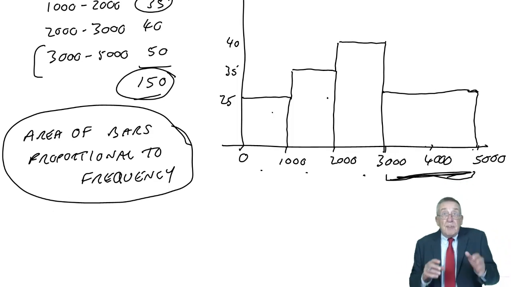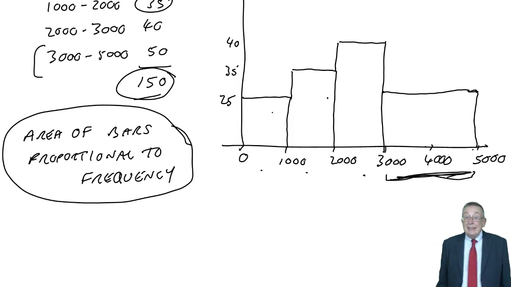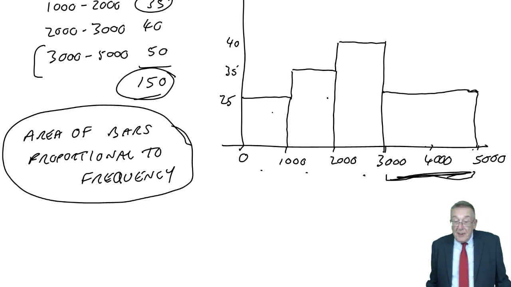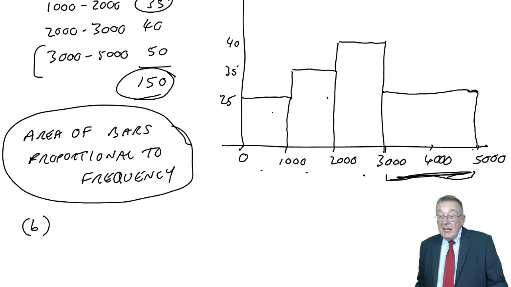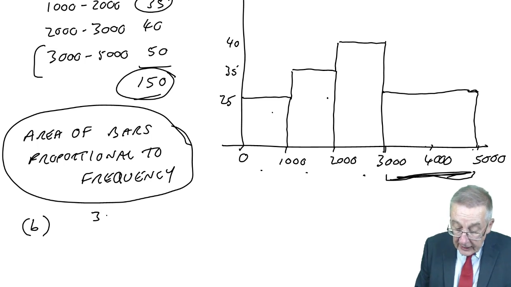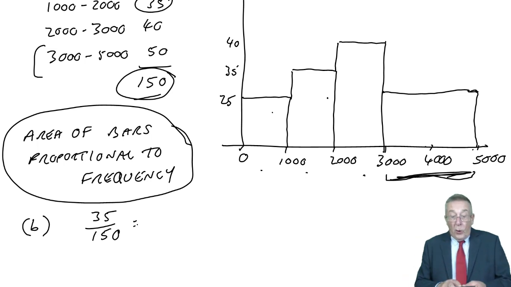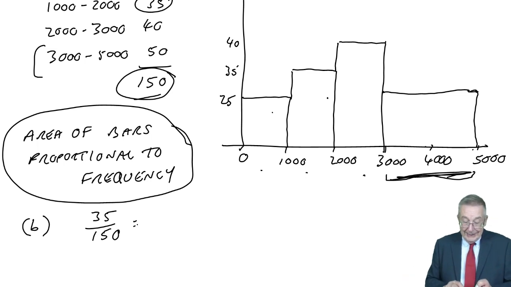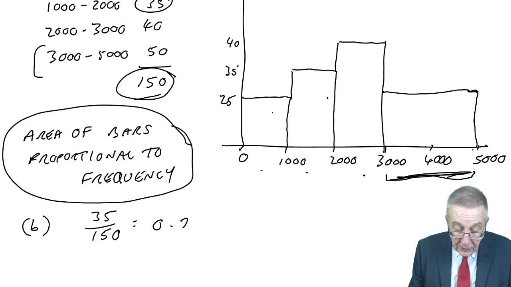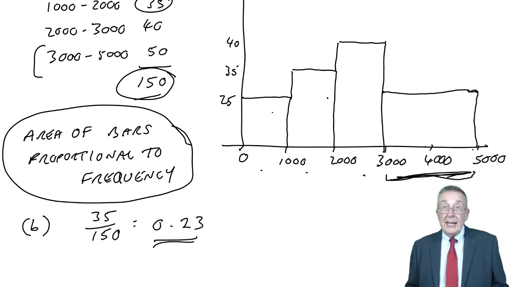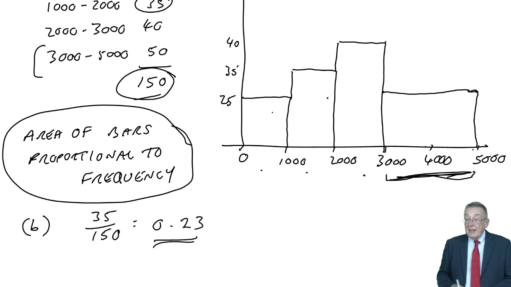if I were to pick any person at random, what's the chance, what's the probability of them earning within that range? It's 35 out of 150, or, as a decimal, 0.23. Again, I'm keeping to the decimal places.